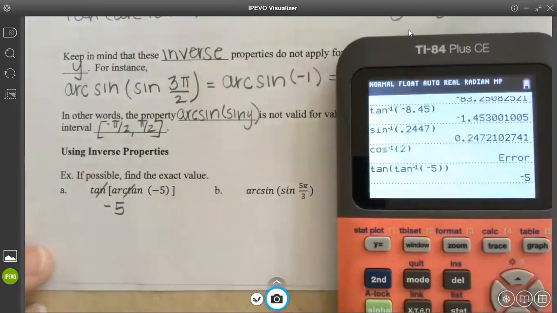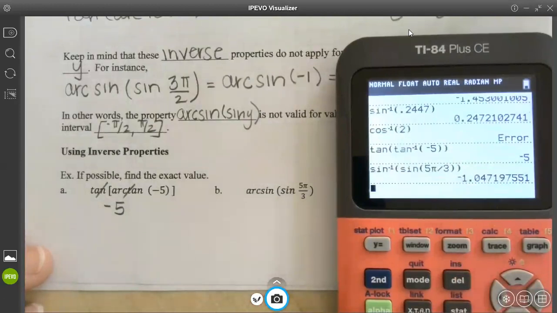The next one, arc sine sine 5 pi over 3. What's it give me? So what is that though? Does that work?